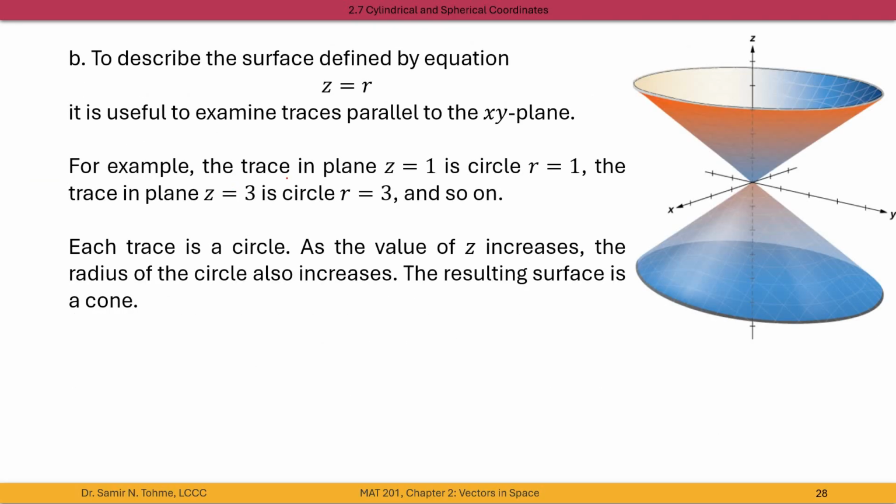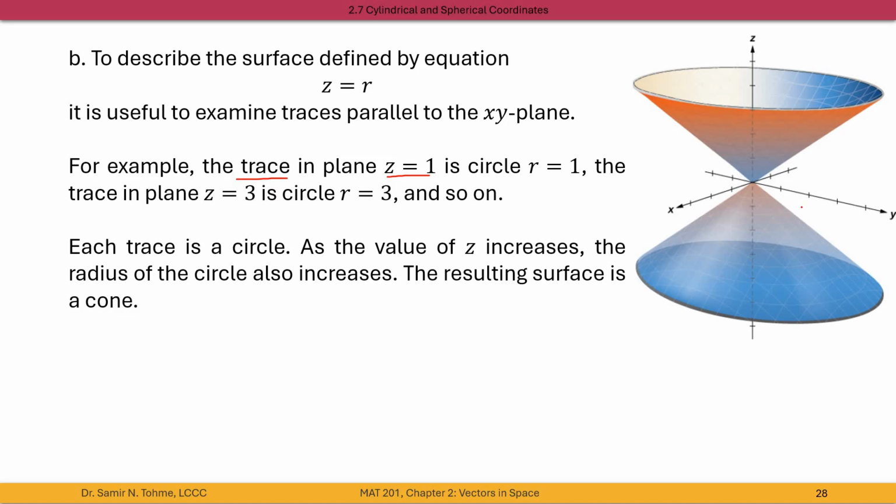Sometimes you need to use the trace. For example, we have z equal to r. So let's, for example, take z equal to 1. And we saw from previous lectures that z equal to 1 is a plane parallel to the xy plane.